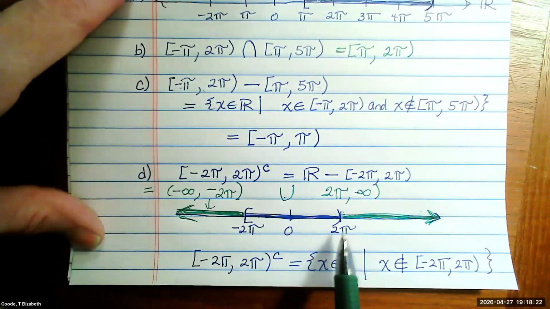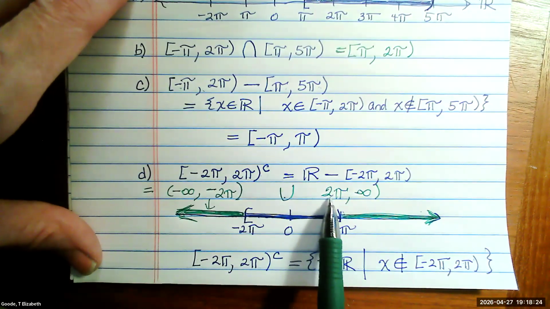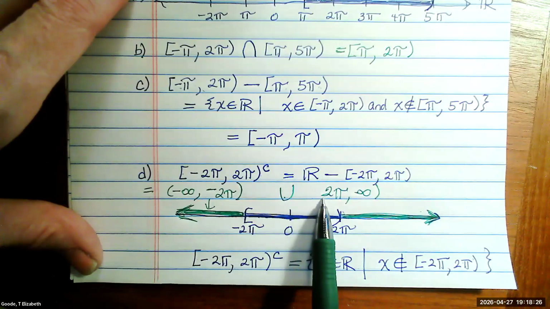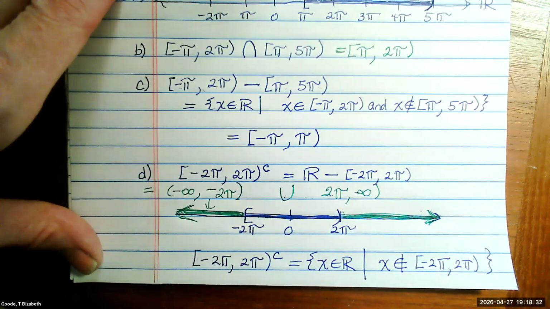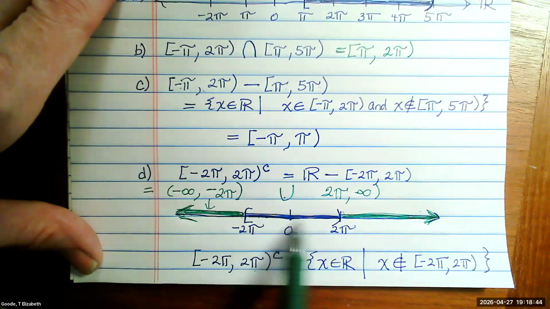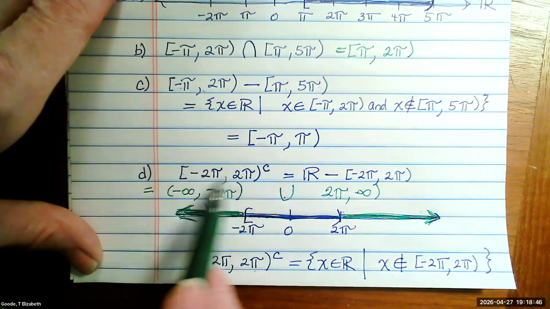Now I'm going to ask you about why you said soft bracket. You're saying that you don't want to have 2 pi in this complement? I mean, actually it has a soft bracket on the other side, so I think 2 pi is not an element of the set.